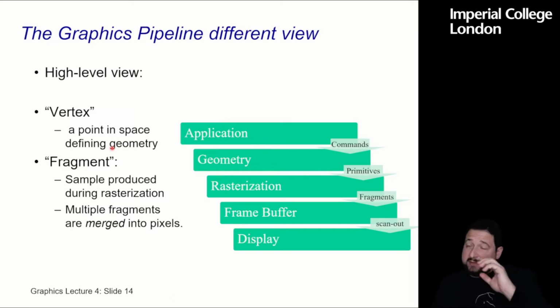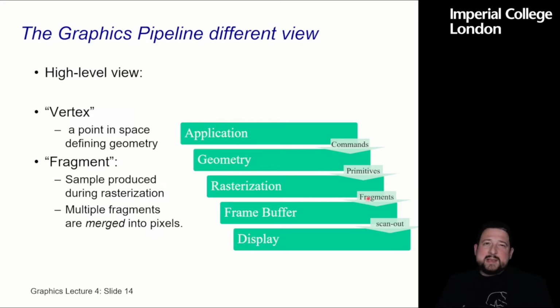If you look at the graphics pipeline more from a high level, we have the application stage producing graphics commands into the graphics pipeline, which produce projected geometry. These geometry objects in 3D are transformed to primitives like points, lines, triangles, which are rasterized into fragments.